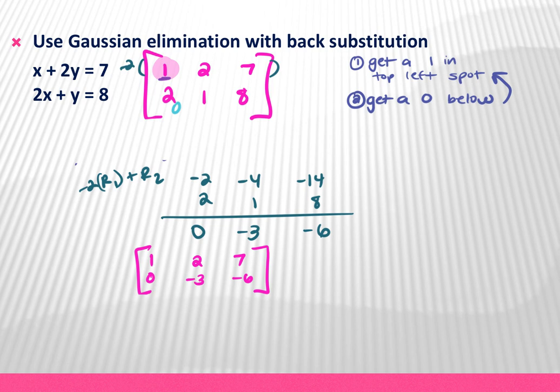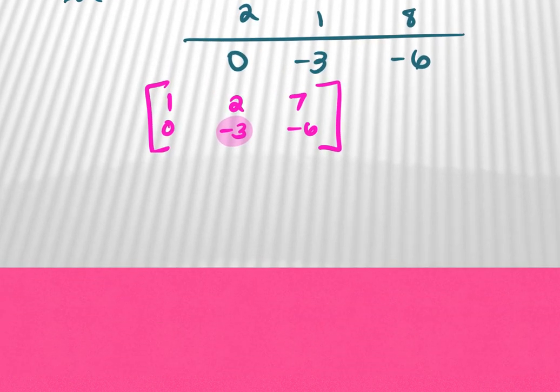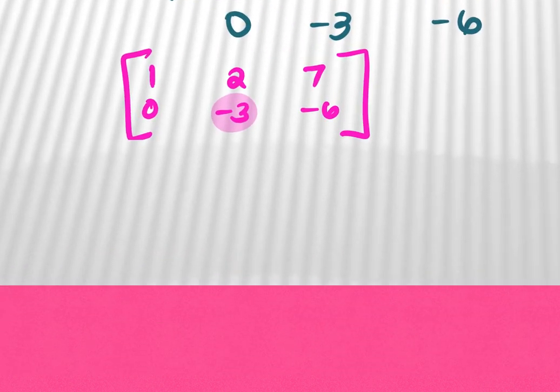You want to go 1, 0. Now I want a 1 here. What can I do? It could be negative, but then I'd have to change it positive. But I want to get this without losing this. I can multiply by its reciprocal.